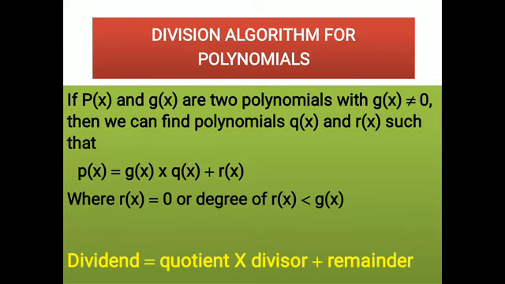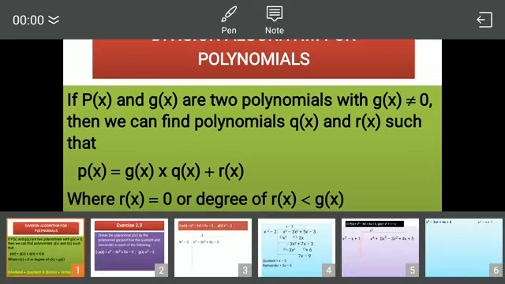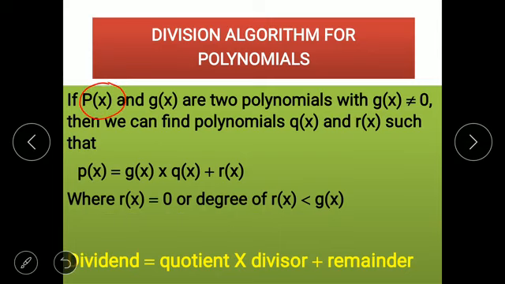Take the statement. What is that statement there? If p(x) and g(x) are two polynomials with g(x) not equal to 0, that is, g(x) is a non-zero polynomial, then if we divide the polynomial p(x) with the polynomial g(x), we can get another two polynomials q(x) and r(x) such that p(x) is equal to g(x) into q(x) plus r(x).